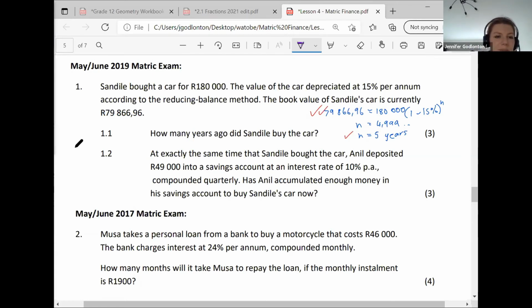I didn't get the same answer as the person just before that. Okay, so when we're looking through this, good. I'm getting the same answers here.